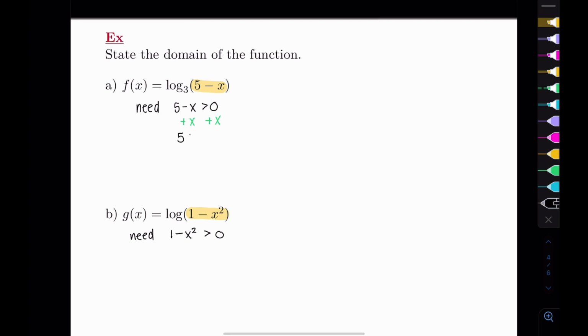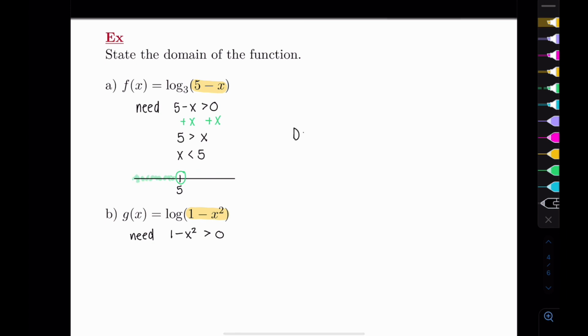And this tells us 5 is greater than x, or this is the same thing as saying x is less than 5 if I switch sides. So we'll put this in interval notation, but 5 is our key number. I cannot actually equal it, and I can take all values less than it.